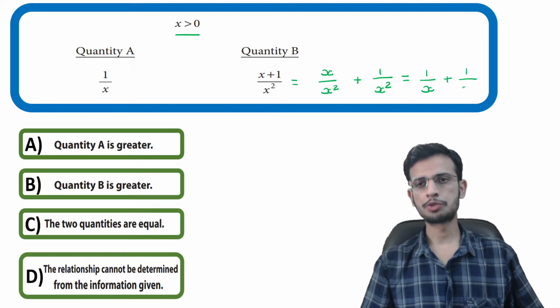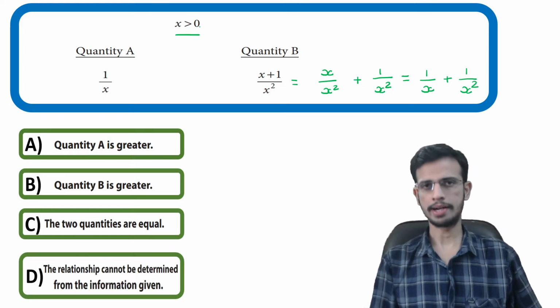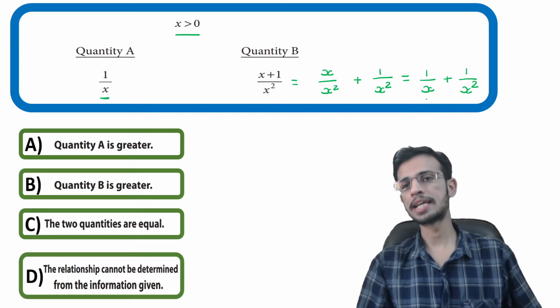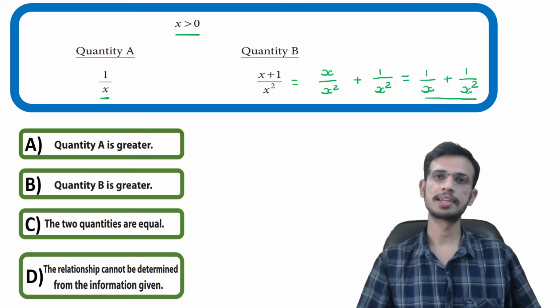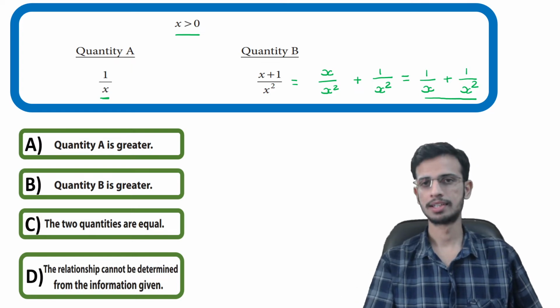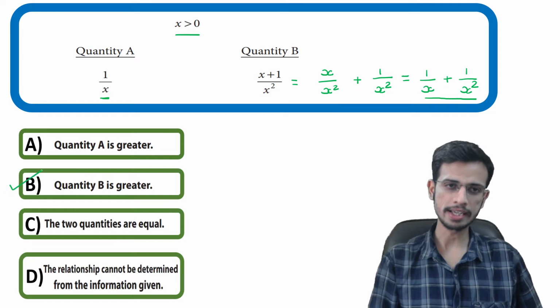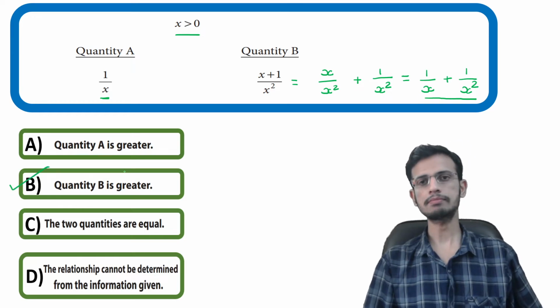And 1 upon x square will always be a positive real number, as x is not 0. So this is 1 upon x and this is 1 upon x plus something, and that something is a positive real number. So we can definitely say that quantity B will be greater than quantity A, right? Option B will be correct.